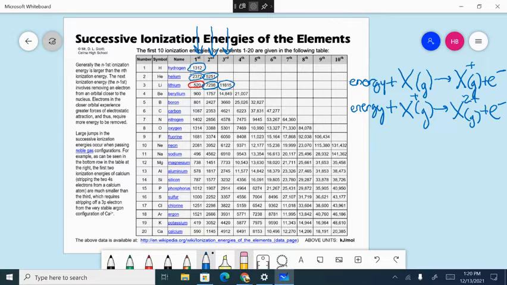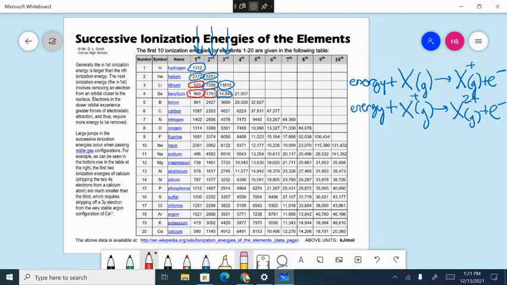That's because those are core electrons. Now let's go to beryllium. Notice the first and the second are pretty low. And then to get that third electron off, you have to spend lots of energy.